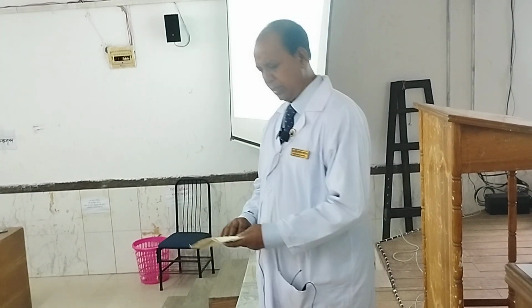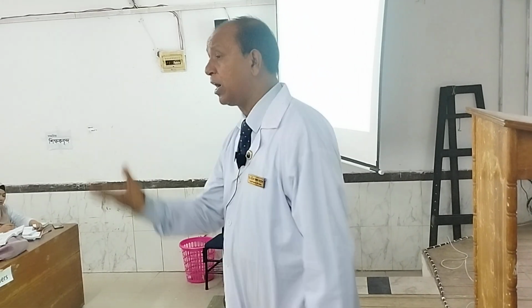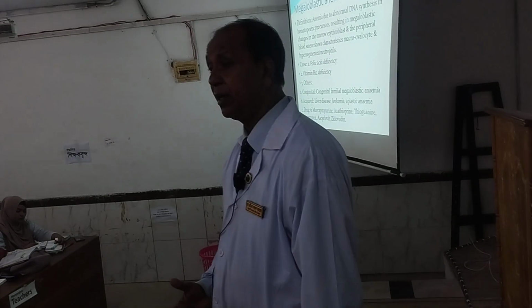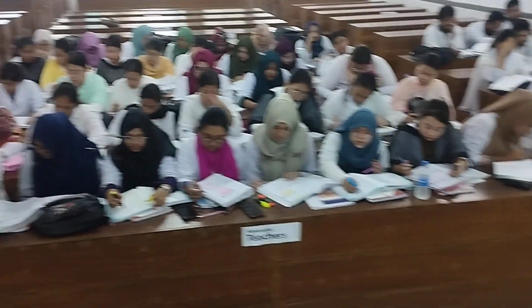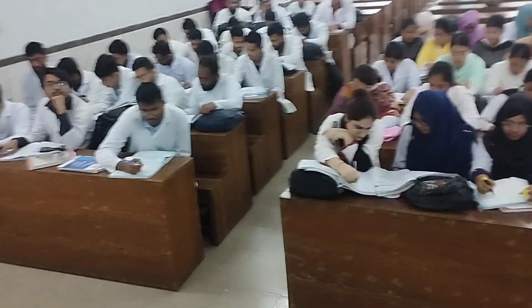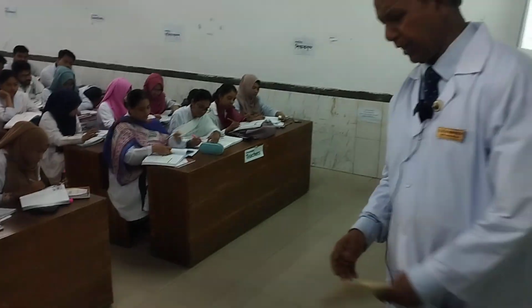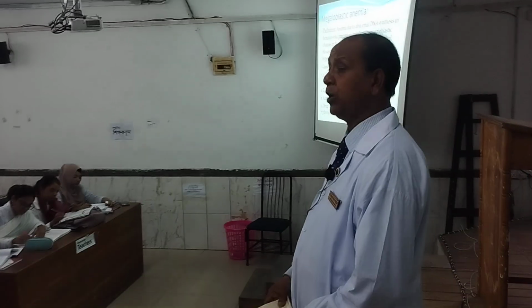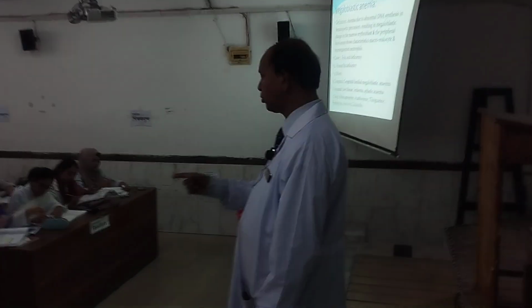What is the investigation? Complete blood count: in the complete blood count there is pancytopenia. Remember this one. Peripheral blood film shows a normocytic normochromic anemia. Finally, you go for the bone marrow study.